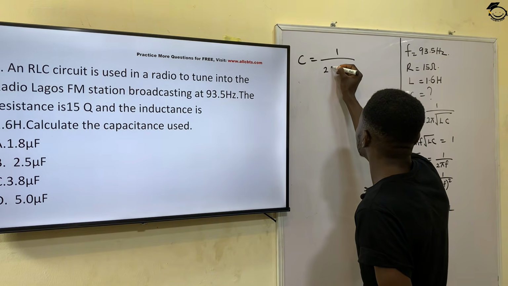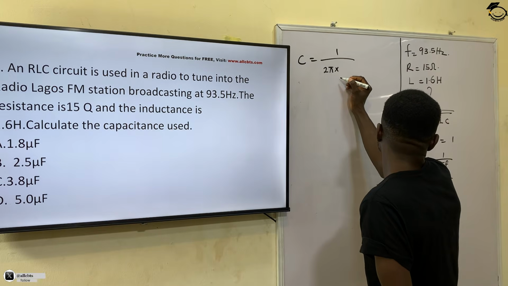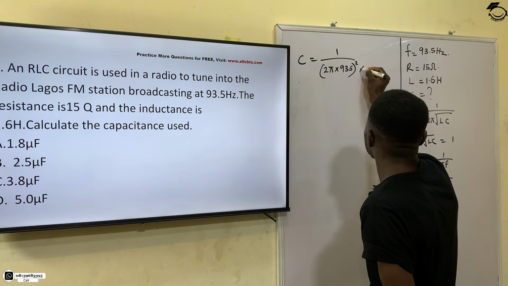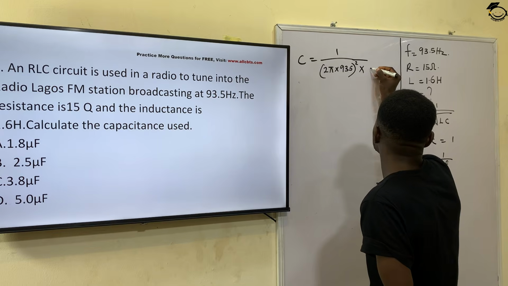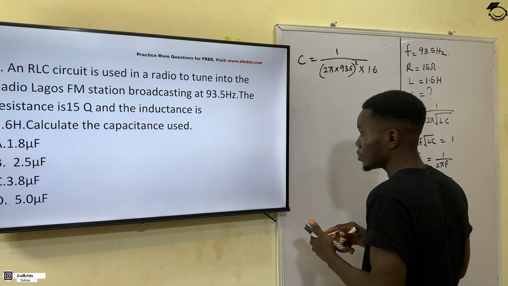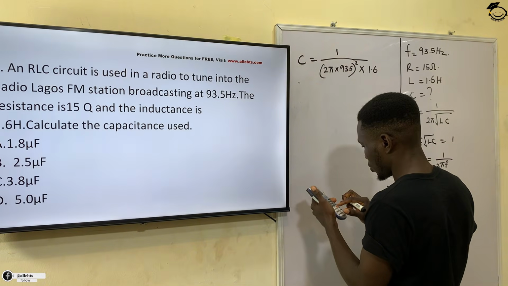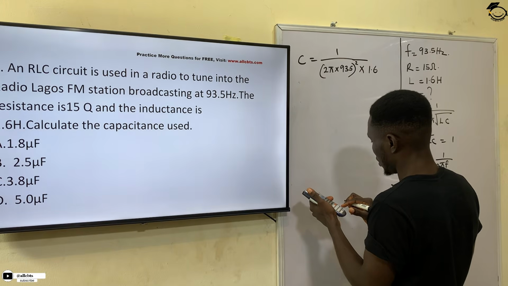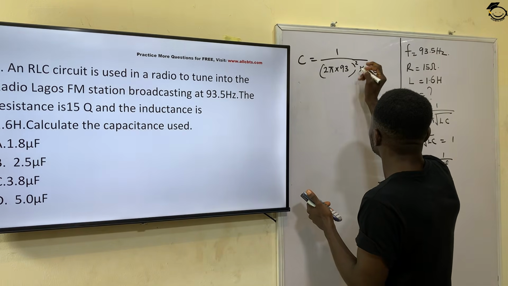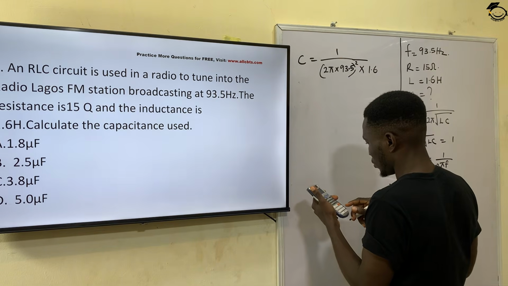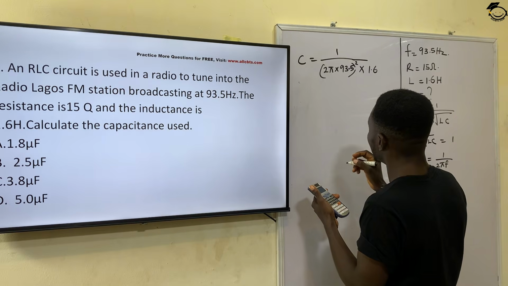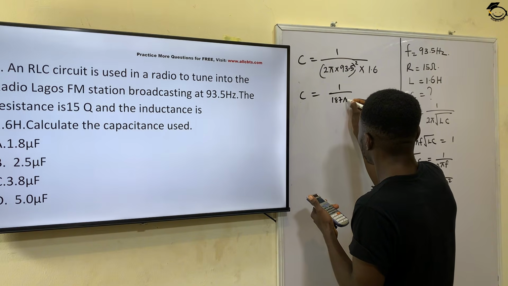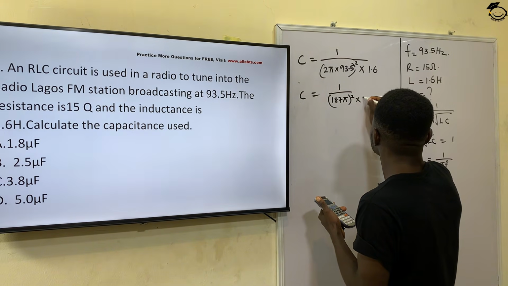1 over 2 pi times my frequency, which is 93.5, all squared, times the inductance in the question, which is 1.6. So this means that I have 2 pi times 93.5, which is 187 pi, so that will give me 1 over 187 pi squared times 1.6.